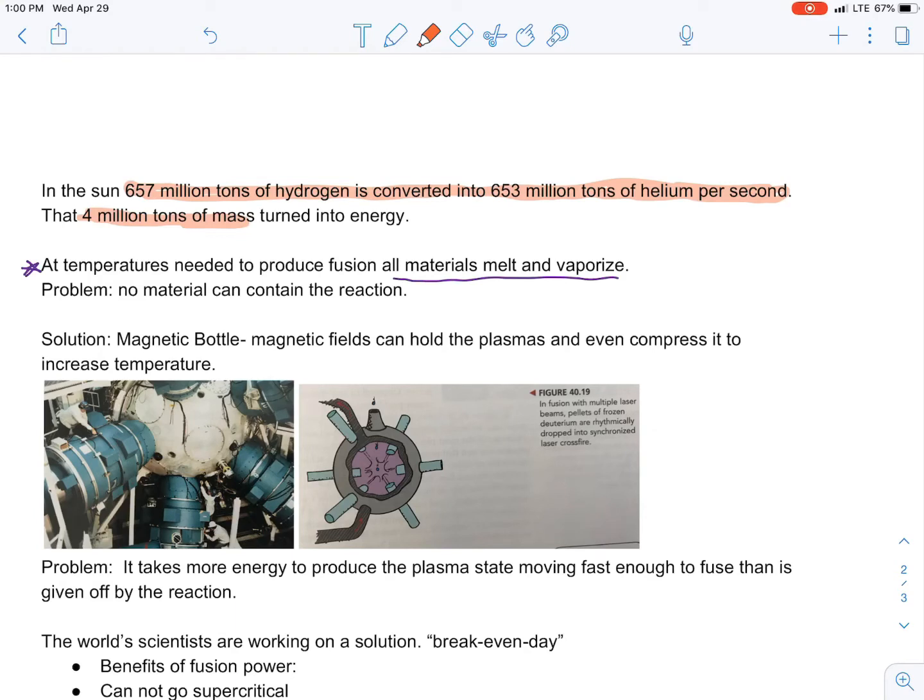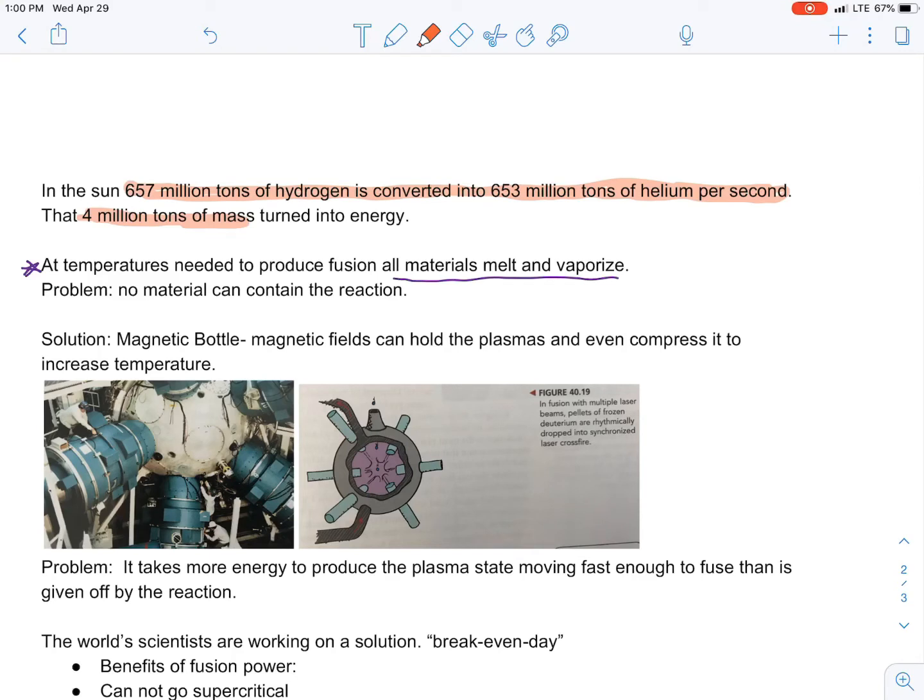The plasma is so excited, it's moving so fast, but it still has its magnetic movement because it's charged particles moving around, right? And so a magnetic field can contain that and hold it, and it can even squeeze it.